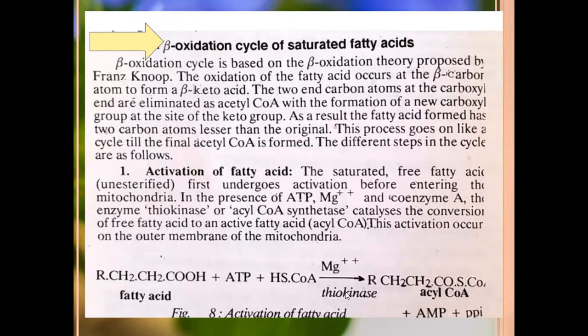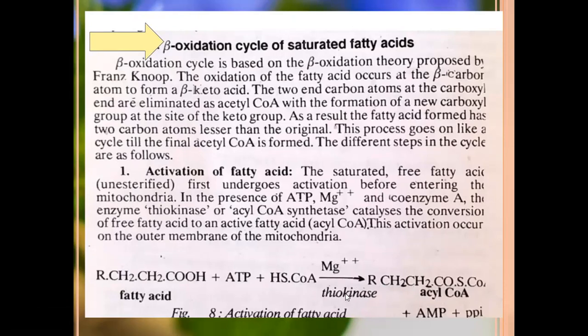In this reaction, one ATP molecule is utilized, and coenzyme A and magnesium ions are utilized in this process. Finally, inactive fatty acids are converted into activated fatty acids with the help of thiokinase.